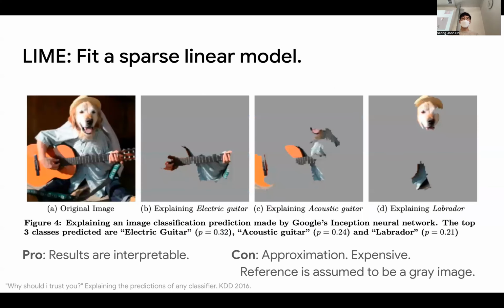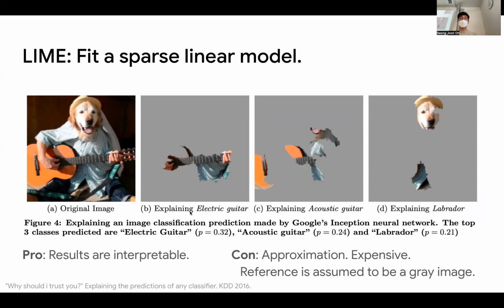Okay, so once you train this kind of linear model on top of the superpixel features, then you can find out which superpixel is contributing the most to the prediction of a certain class. The superpixel that's contributing the most to electric guitar corresponds to this one, acoustic guitar to this one.